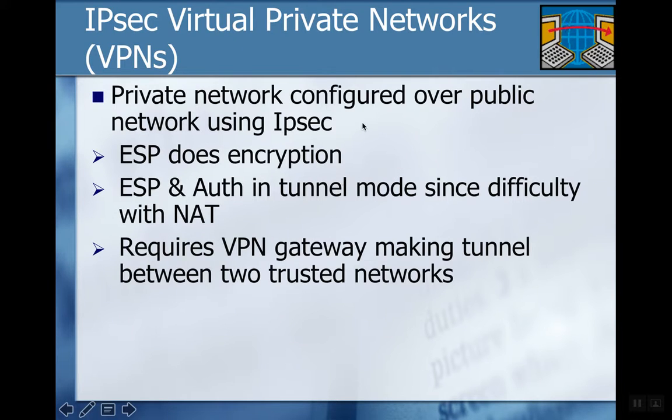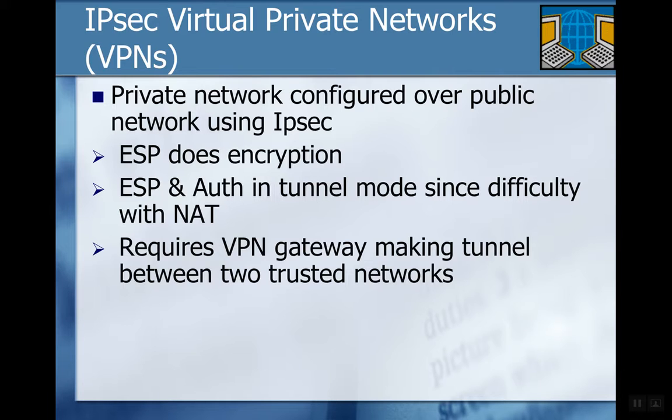IPsec VPNs basically allow you to create a private network running over the internet. The ESP does the encryption. It requires two VPN gateways making tunnels between two trusted networks. And you see a lot of this.